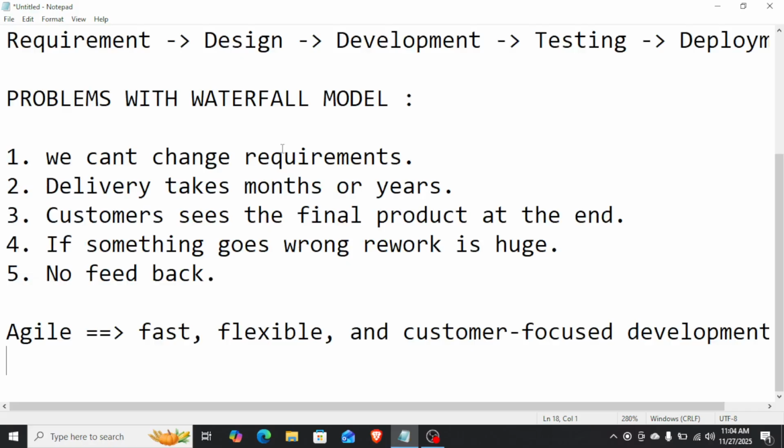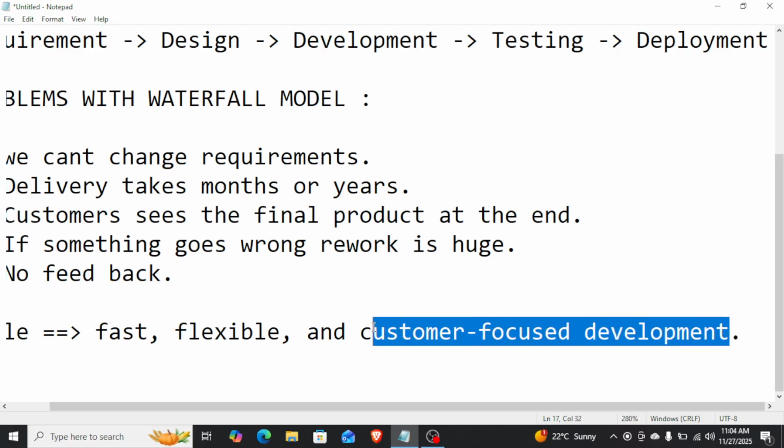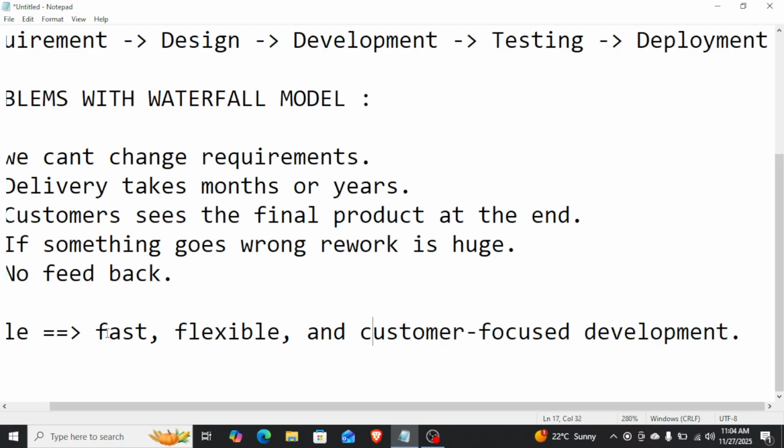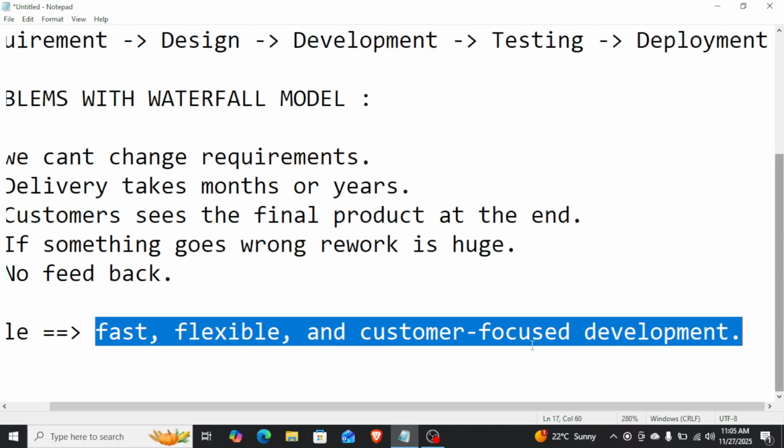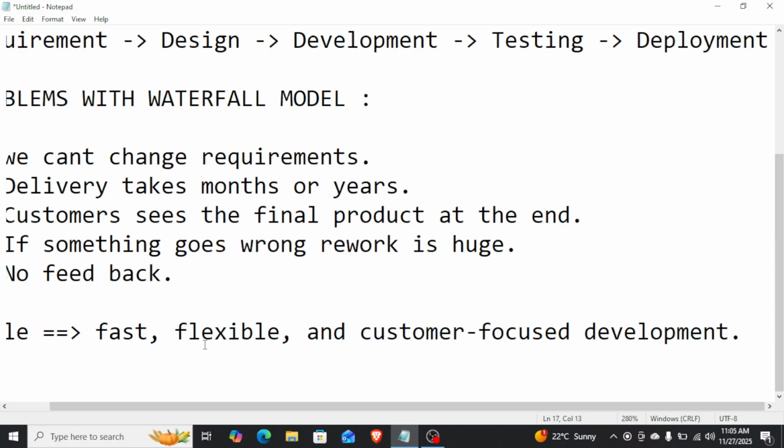These are the benefits of using the Agile software development lifecycle.